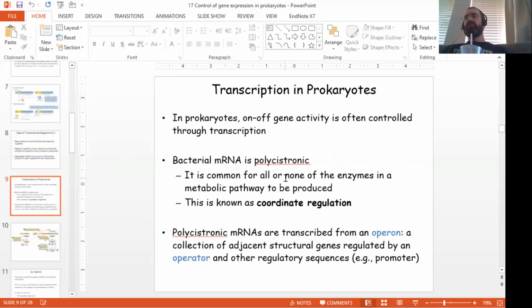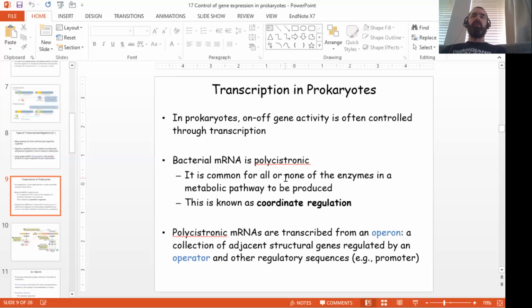Okay, so again, just to recap a little bit, in prokaryotes most, not all, but most gene activity is controlled through control of transcription.